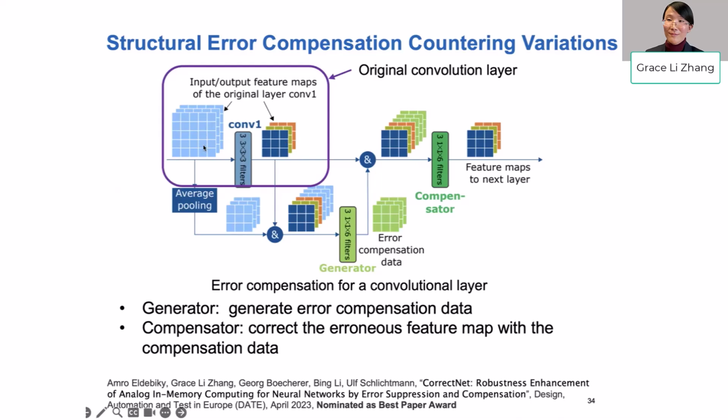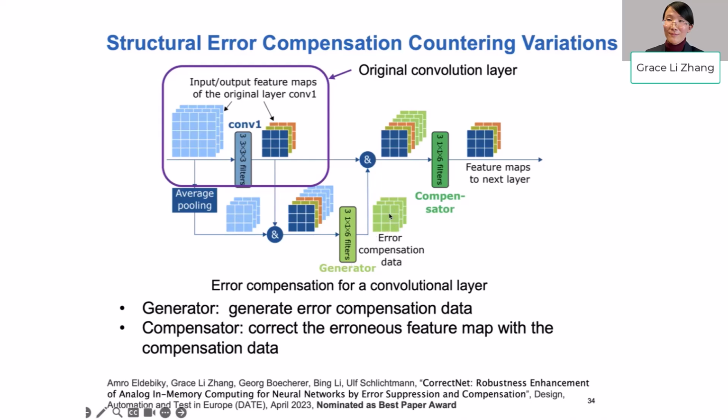To achieve this, we first use average pooling to make their dimensions the same, and we concatenate them together. Then we use a very simple and computationally efficient generator to generate some error compensation data.